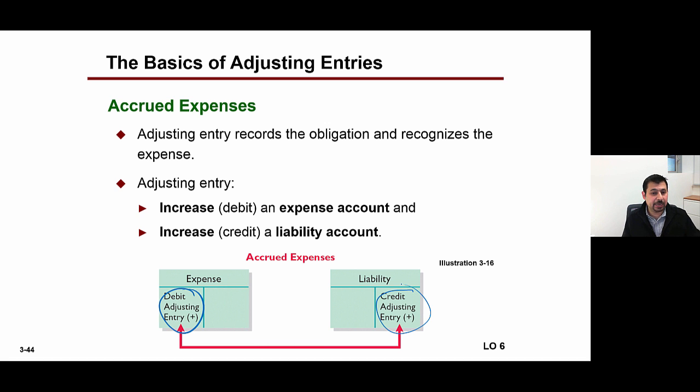In this case, the interest payable and the interest expense were both not recorded before the adjusting entry, and as a result, they were both understated. We needed to increase them, so we debit the expense account, and we credit the liability account.